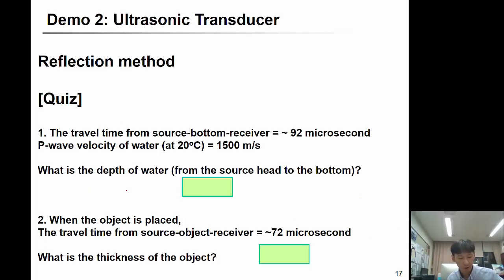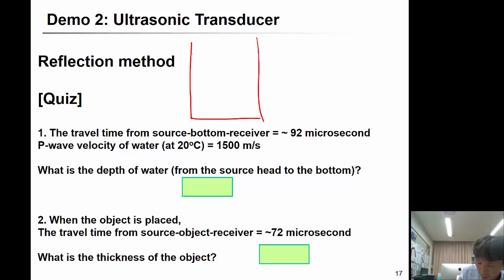And so then we can do a simple exercise. So if you have a source and receiver, so this is the source and receiver transducer, and from here we want to know the depth of the water.